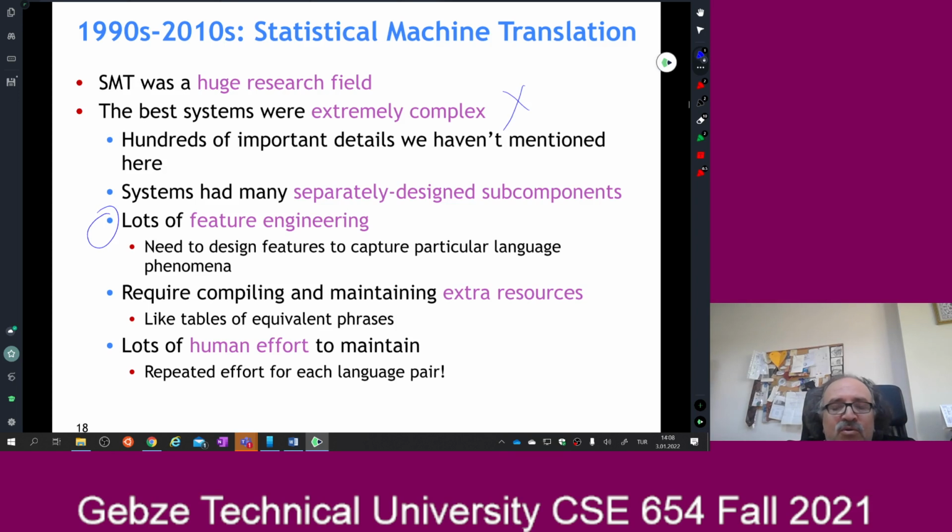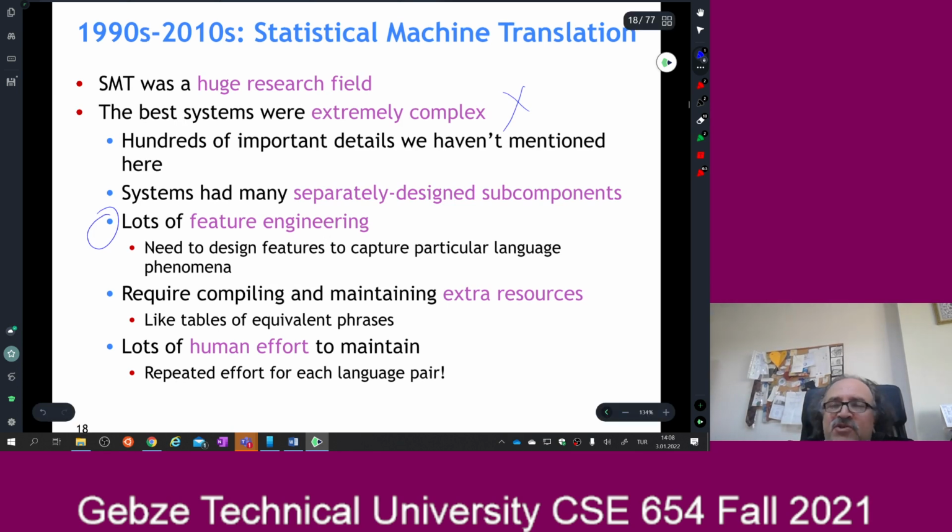Okay. You don't have to know English or French to optimize that network. All you need is the data. If you have enough data, you don't have to do lots of feature engineering, and you don't have to do this maintaining of equivalent phrases and anything like that, and you don't need much human effort.